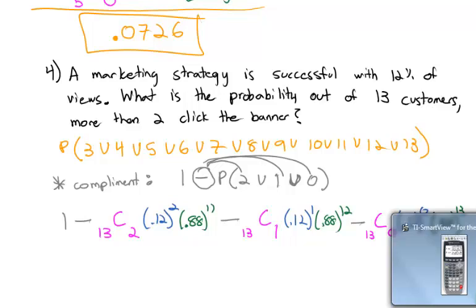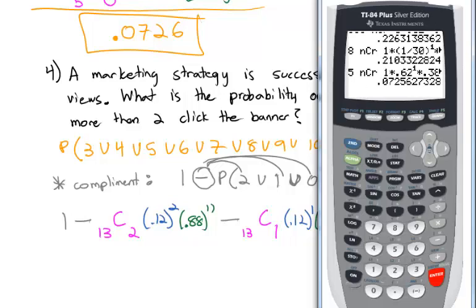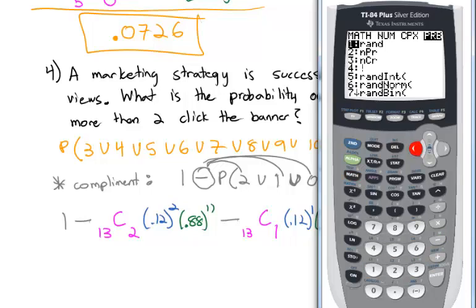And this is a little more manageable on the calculator. Still a bunch of button clicking, but not too bad. 1, and we're going to subtract each of the probabilities in the complement. 13, math, over to combination.